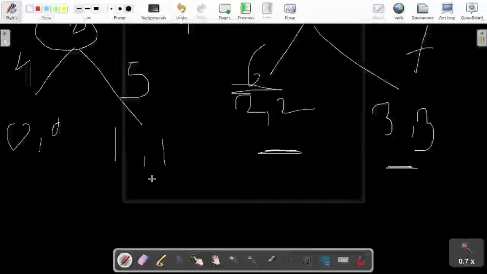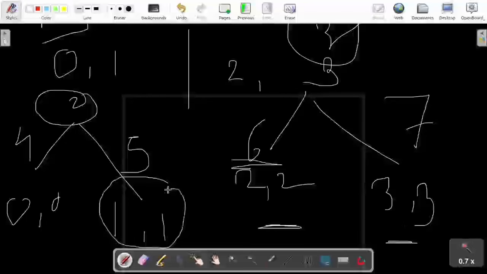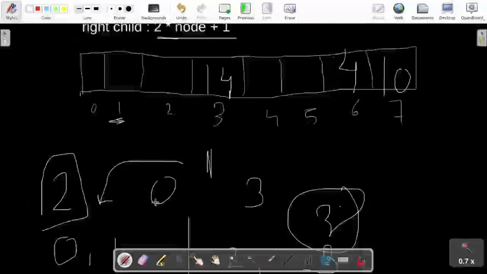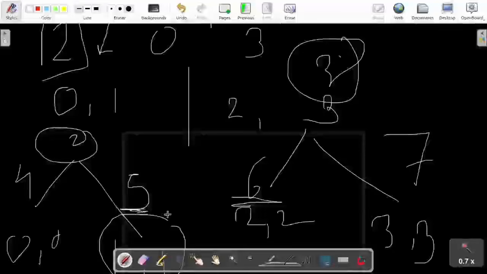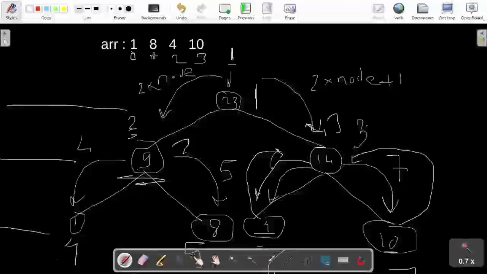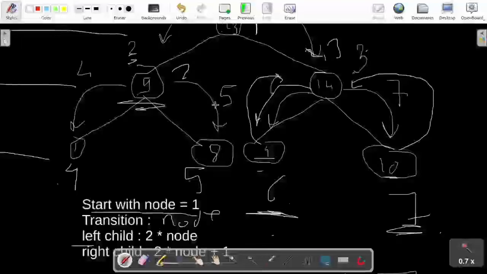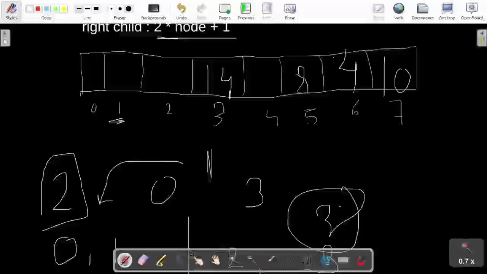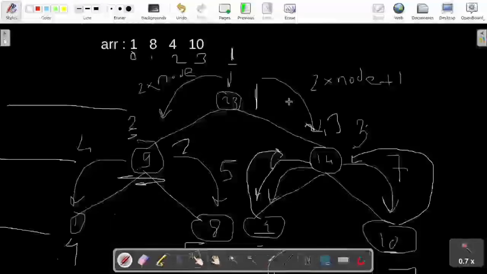Now let's process these ranges. Let's say we are on the right child, L and R are equal, so it's time to store the value in the leaf node. This is the index which we have calculated in the array using this formula. For 1 we have 8 and its index is 5, so here we will store 8.